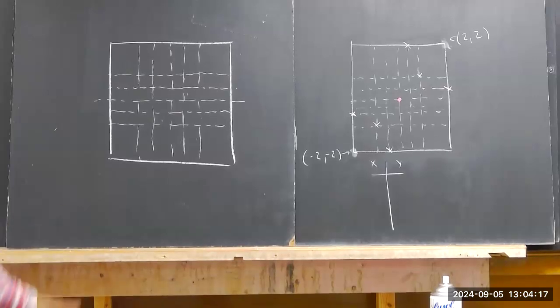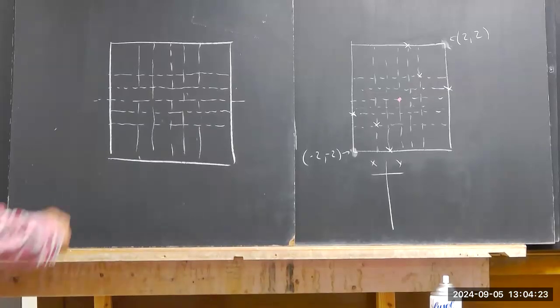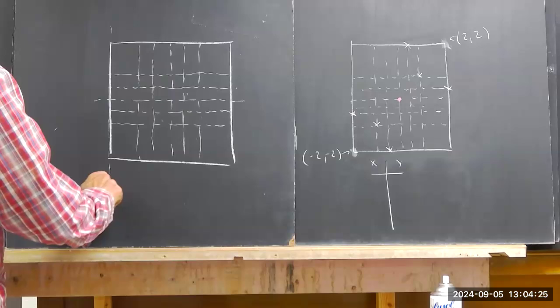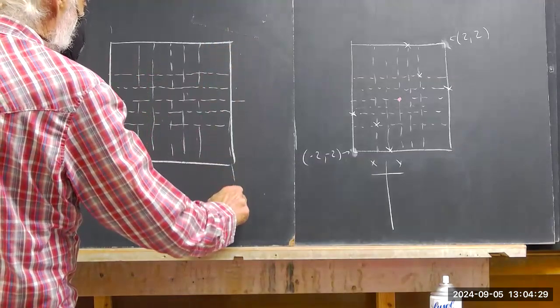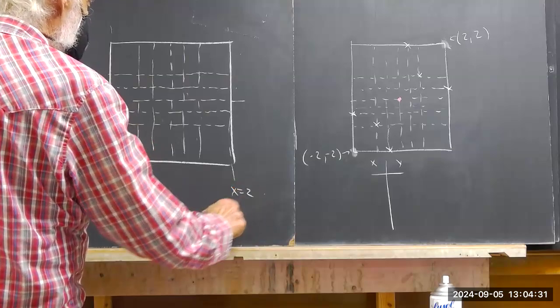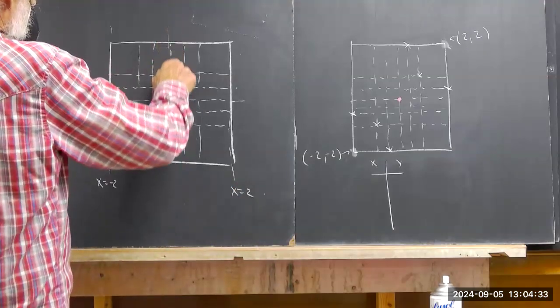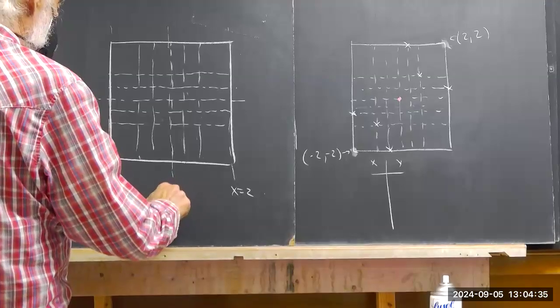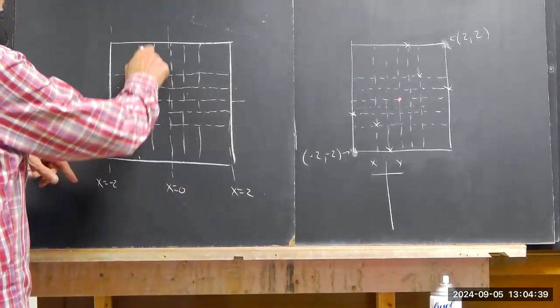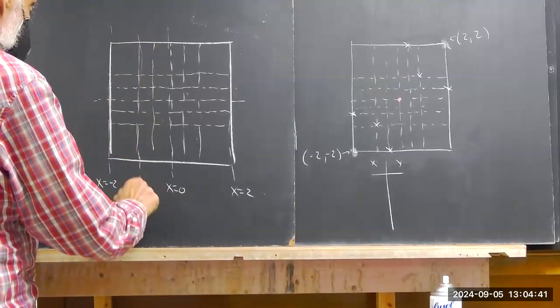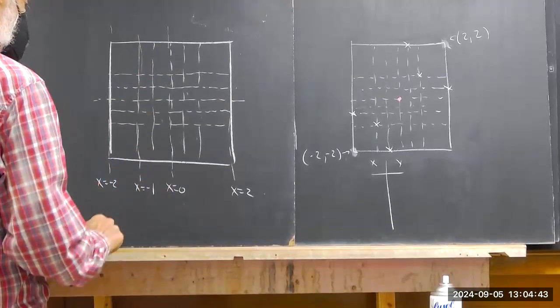Then we figure out what the lines are. This line here is x equals -2. This line here is x equals 2. This line here, x equals 0. Now halfway from -2 to 0, we get the line x equals -1.